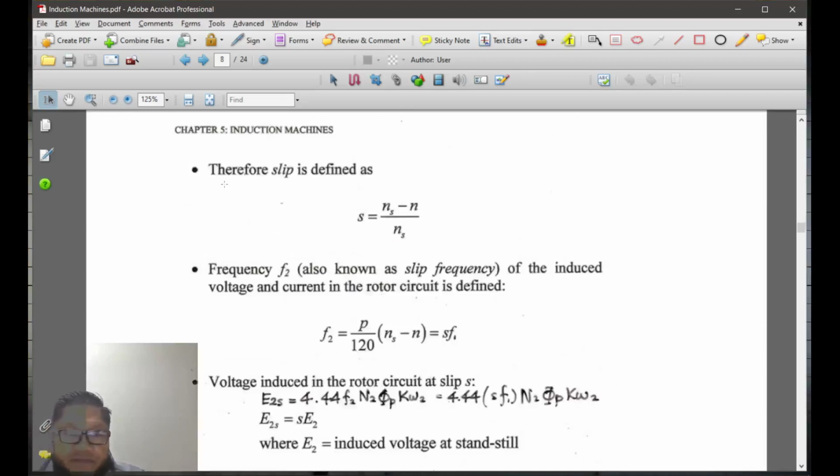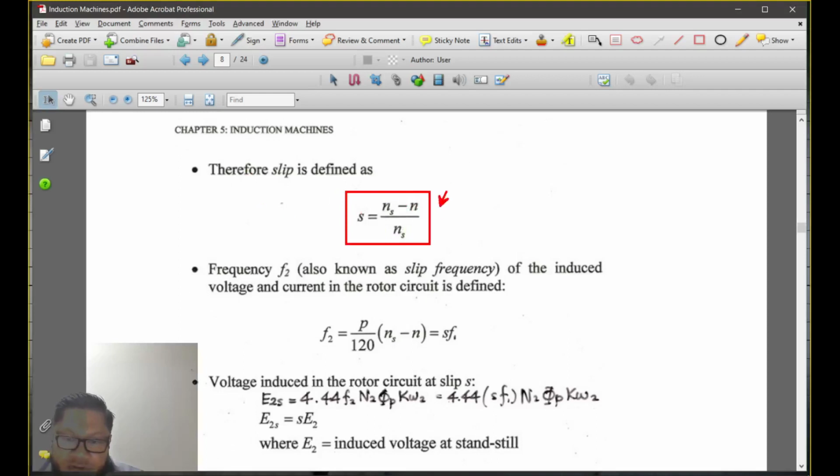The definition of slip, I think most of you still remember: s is known as the slip, s = (ns minus n) over ns. And then there is a frequency f2 induced in voltage and current in the rotor.